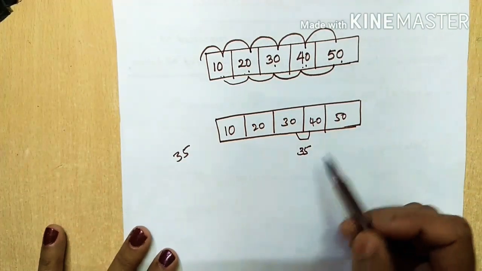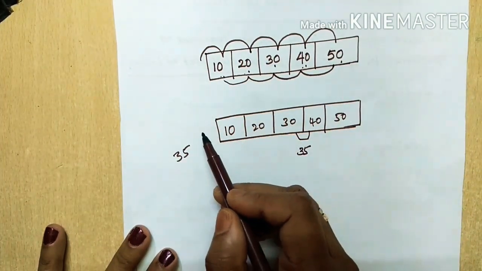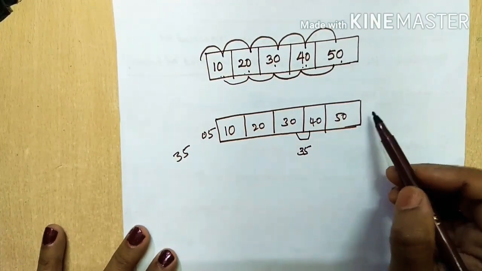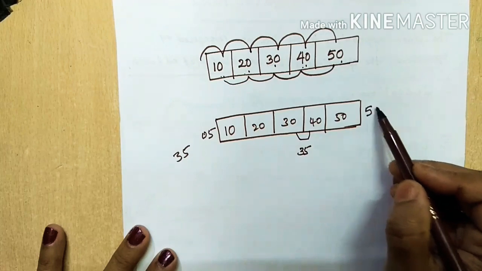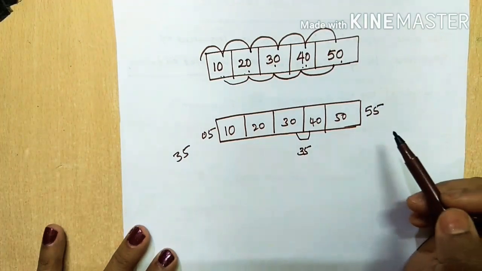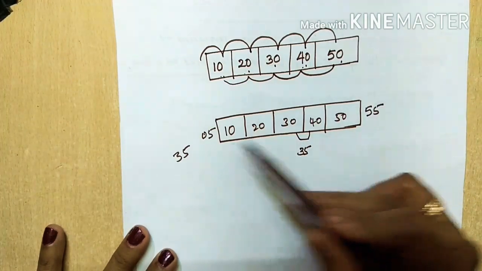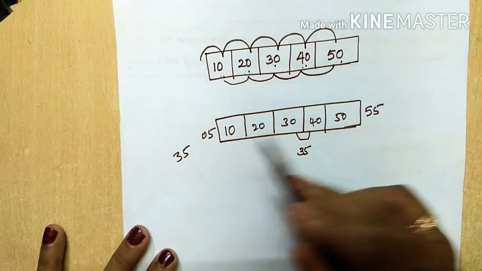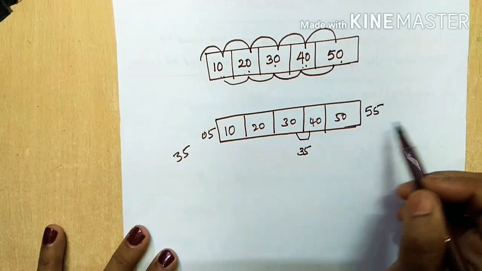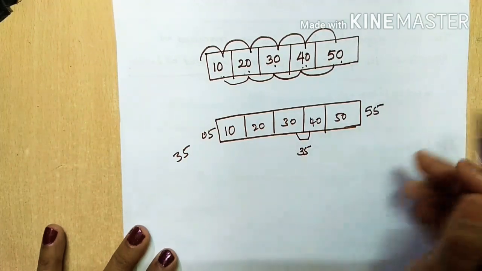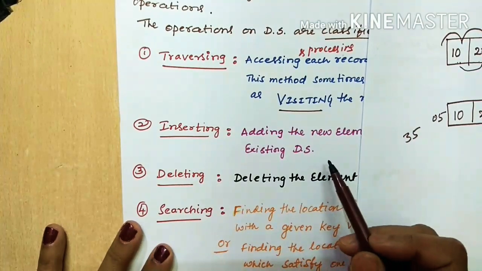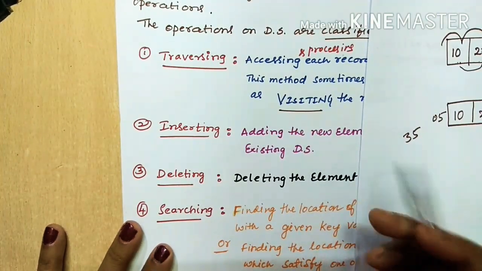Or otherwise, I want to insert one element 5 at the beginning, or one more element at the last. Is it possible? Yes, either at the beginning, the middle or the last. Wherever you want to add a new element, it is possible to insert. That is called inserting a new element into the existing data structure.